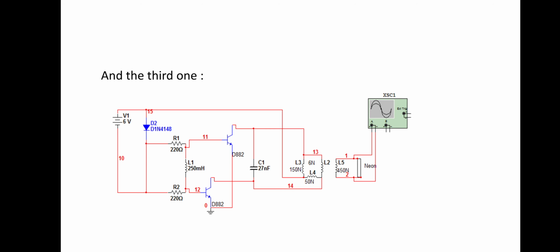The operation is, when a collector supply is given, a transient current is produced in the oscillator or tank circuit. The oscillatory current in the tank circuit produces AC voltage across C1, which is applied to the base emitter junction and appears in the amplified form in the collector circuit and supplies losses to the tank circuit.